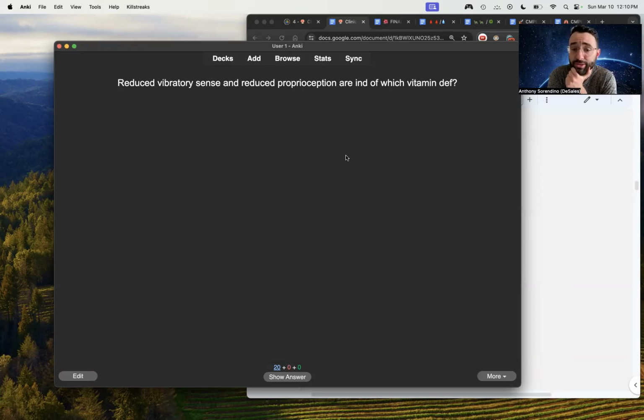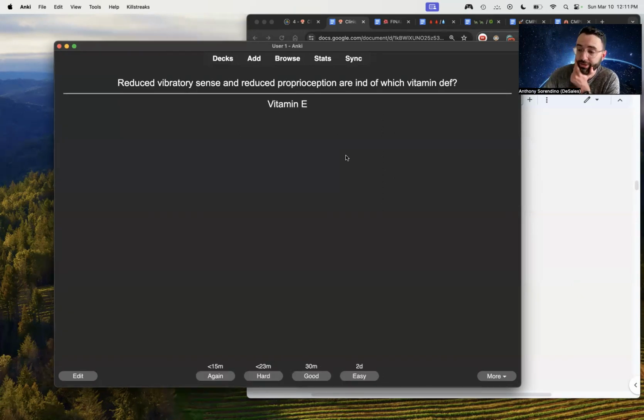That's kind of the big one there. That's your beta carotenes. C is kind of all about bones and calcium and such, right? Vitamin C. E is going to be the one that I think has a lot of neurological issues with it. So I'm going to go E here. It is E. Okay.